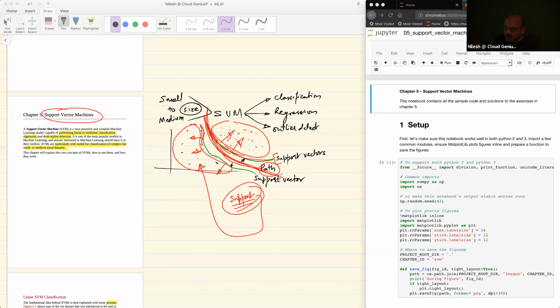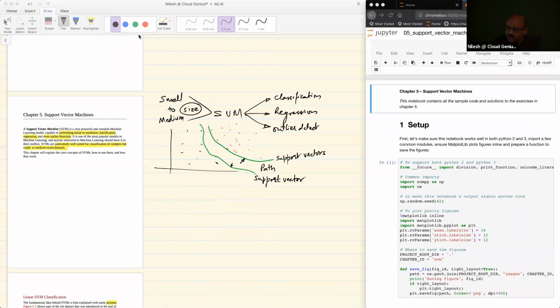So from a graph perspective, if you have data points here that look like dots, and on the other hand data points here that look like circles, and you are able to find the widest support boundaries to separate these from these, that's the area you would like to have.